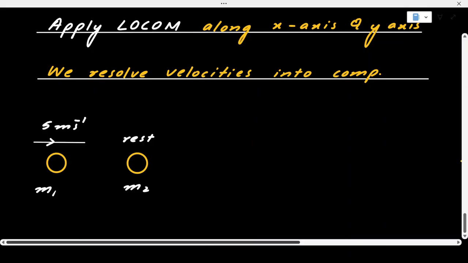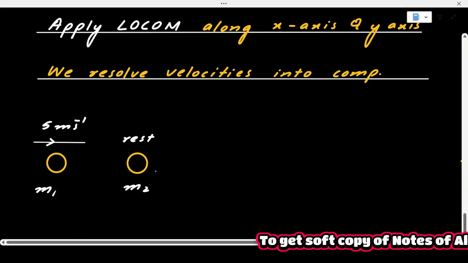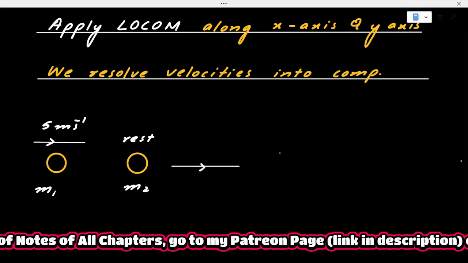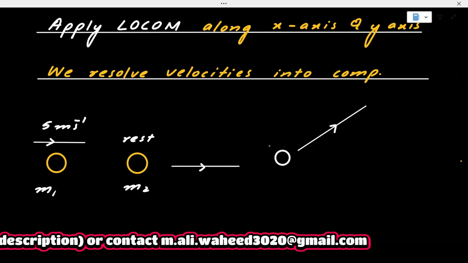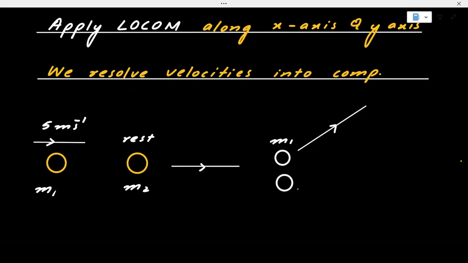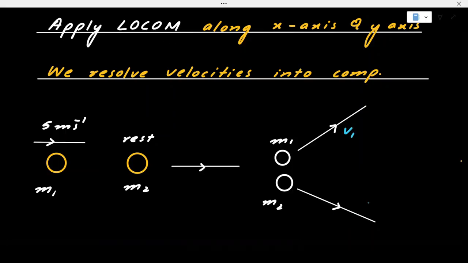It could be an electron, a proton, a normal mass, anything. After the collision, m1 is moving in this direction and m2 is moving in this direction. So this is the velocity of m1, v1. This is the velocity of m2, which is v2.